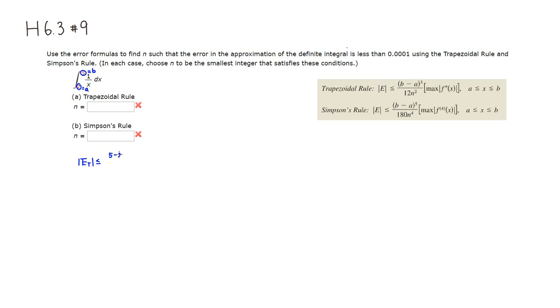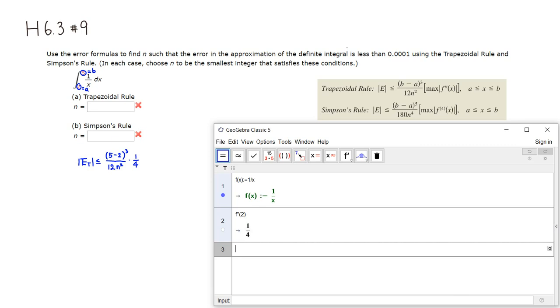So 5 minus 2, cubed, over 12 times n squared. We are trying to find that n. We just found that the largest value of the second derivative would be 1/4, which was given by GeoGebra there.